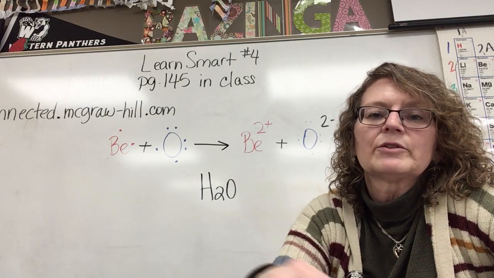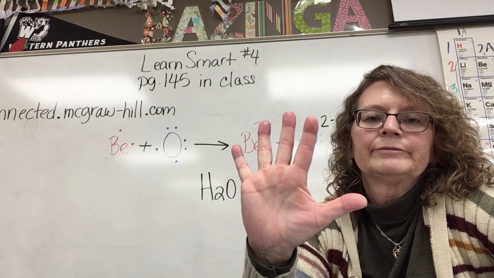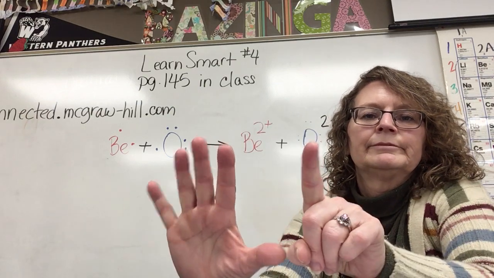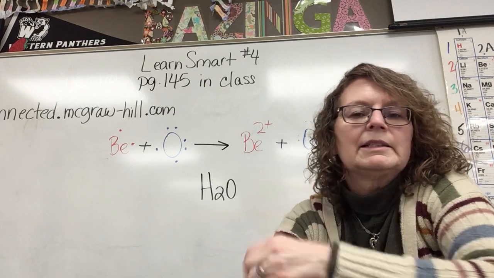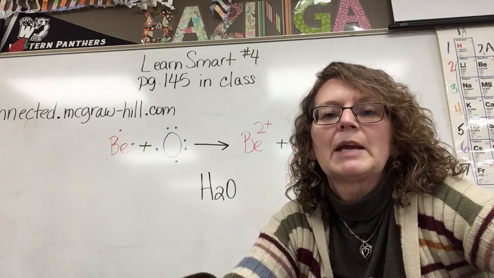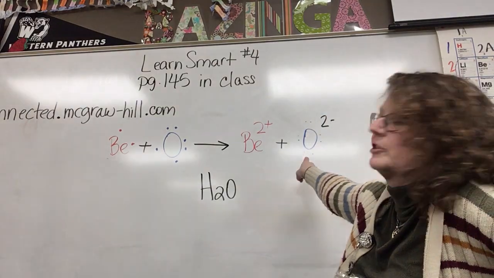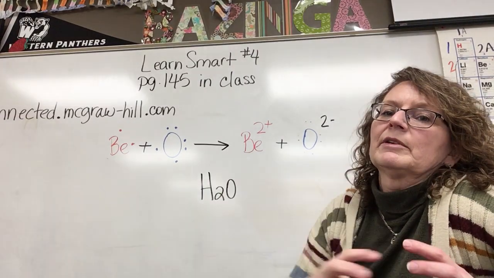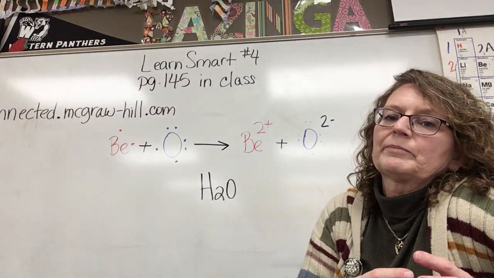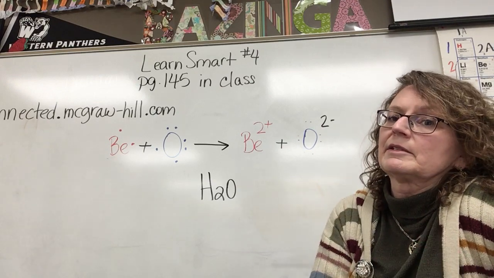Group 13 has 3, group 14 has 4, groups 15, 16, 17, and 18 has an octet, they're stable. The goal is to have 8. See? Oxygen ended up with 8. Very happy. And actually, the beryllium, the ring before the outer ring that gave away 2 electrons, now it is stable.